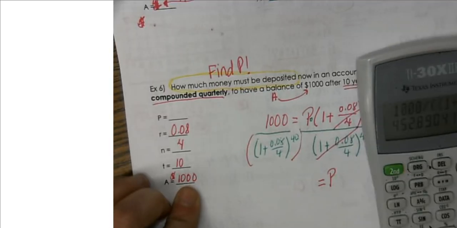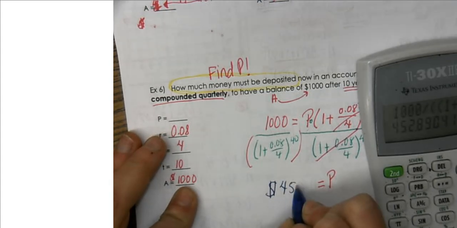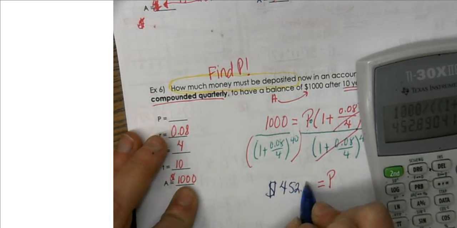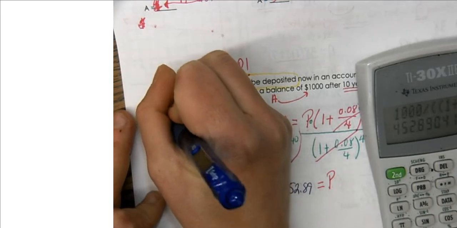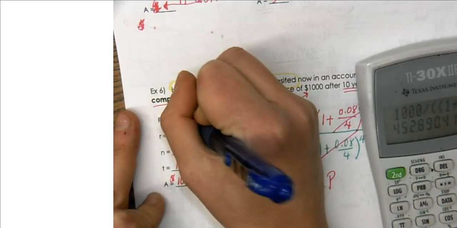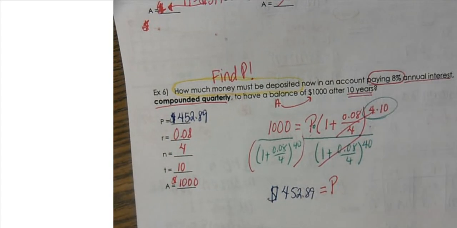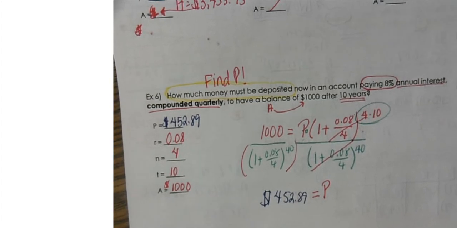So if you were to invest $452.89 into an account that's paying 8% annual interest compounded quarterly, you'll end up with $1,000 after those 10 years.